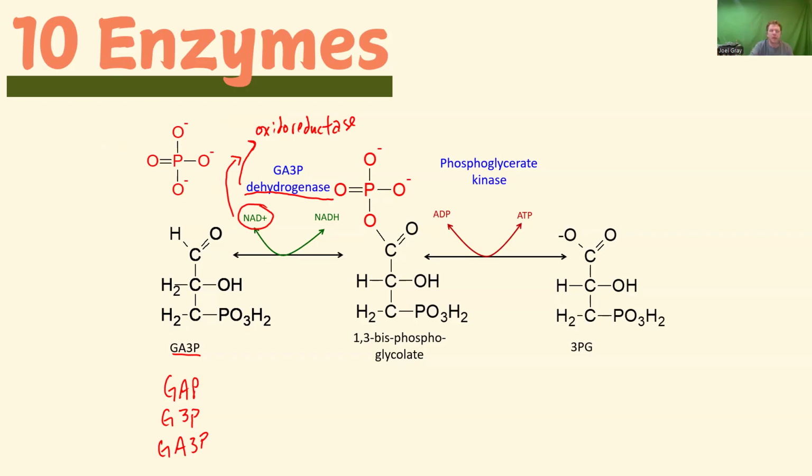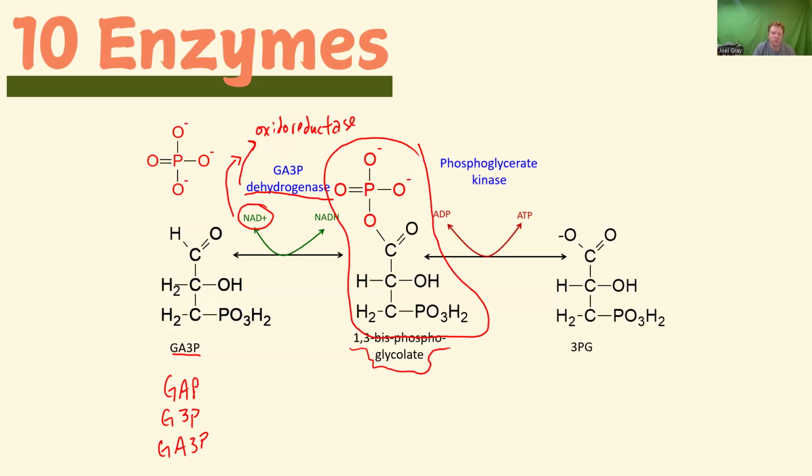It's just floating out in the ether. It's not coming from a donor molecule. It's just present. So we are making NADH. We are also making this molecule right here, 1,3-bisphosphoglycolate. This molecule is 3 carbons, and it has 2 phosphates.